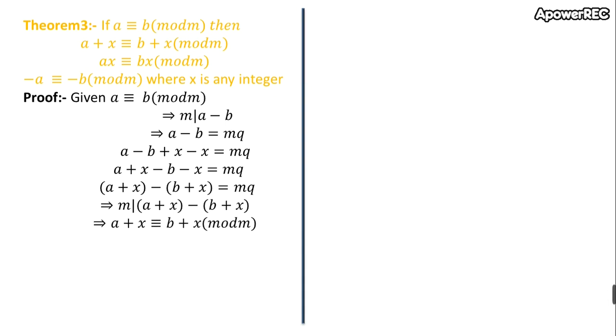This is nothing but a plus x is congruent to b plus x modulo m.